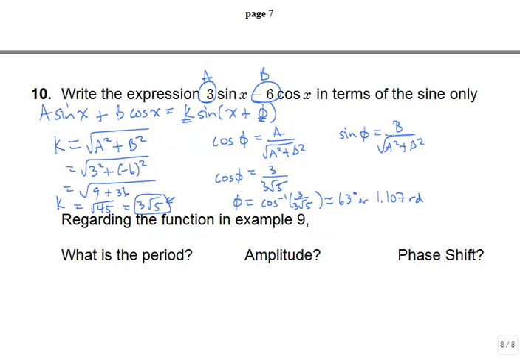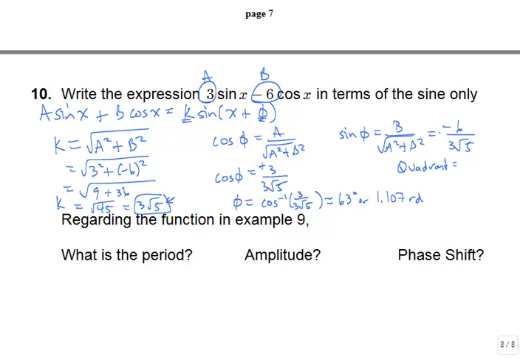Now the only thing I want to show you with this sine of phi is it's going to give you the same value, except we have to worry about our signs here. Because b is negative 6, and the square root of a squared plus b squared is that 3 root 5. So which quadrant are we supposed to be in if the cosine is positive and the sine is negative?